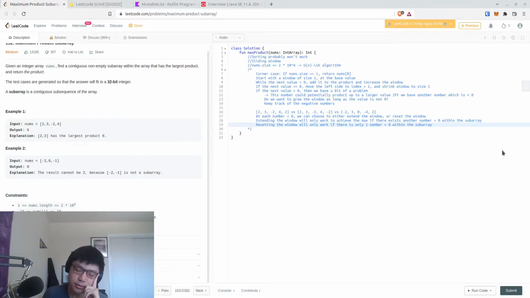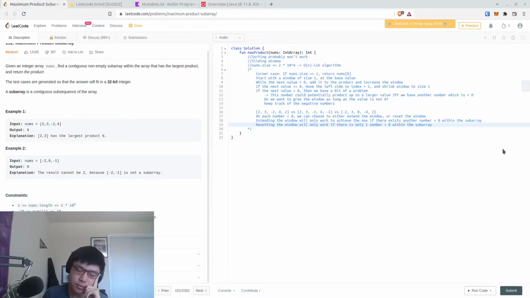If we have, let's say, a sliding window starting from right to left and left to right, then what does that do? Well, we know that if there is one negative number in each, then that's fine.